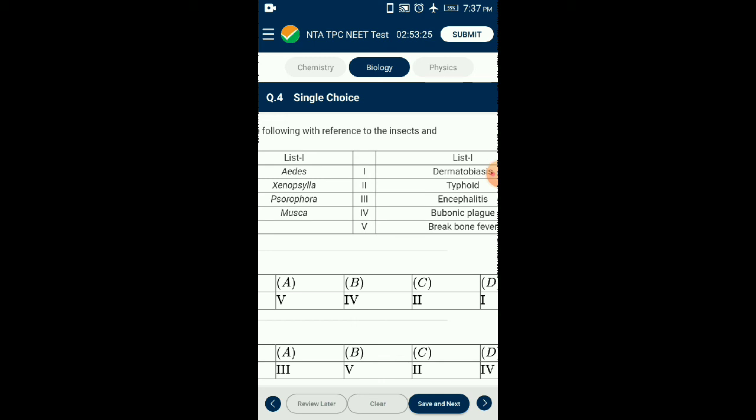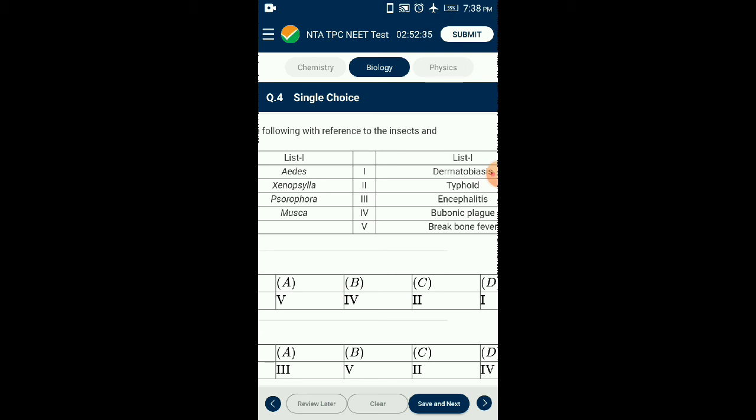The second one is housefly, commonly called Musca, which acts as a mechanical carrier for pathogens of various diseases like typhoid, cholera, and dysentery. Third one is Xenopsylla or rat fleas, the most well-known vector of Yersinia pestis, the causative agent of bubonic plague.